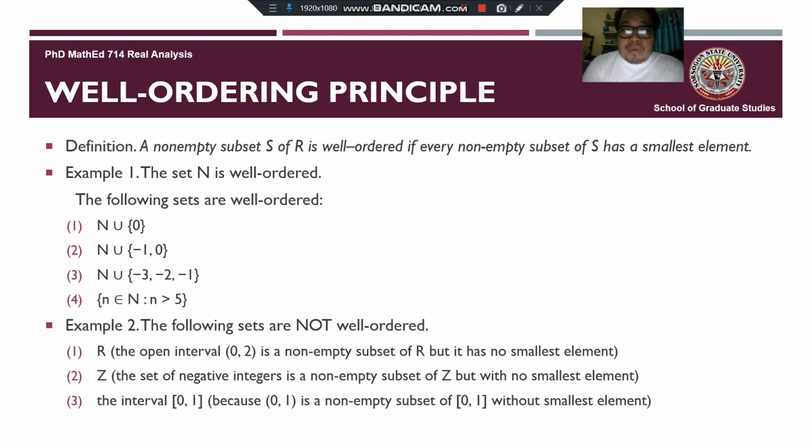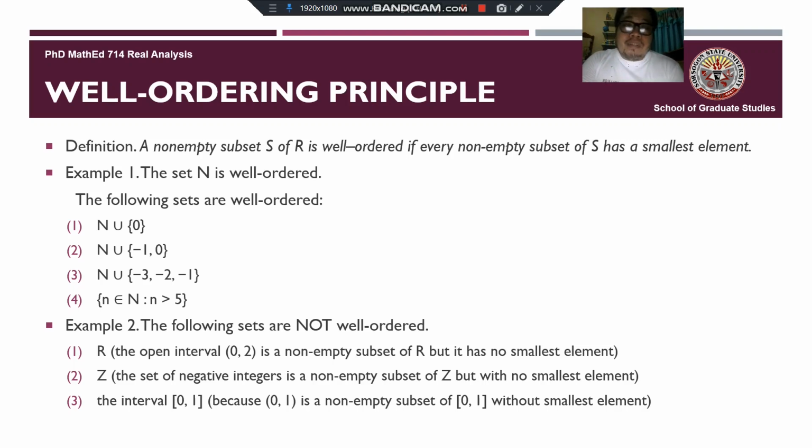So again, for number 1, you have the union of the set of natural numbers with 0. So instead of 1 as the smallest element, since that is union with 0, still that is well ordered since it contains the smallest element, which is now equal to 0. Next, we have the set of natural numbers having the union with negative 1 and 0.